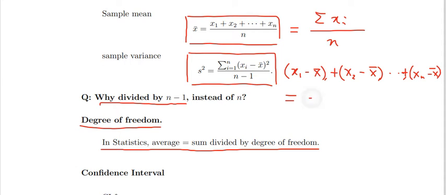That is x1 plus x2 plus up to xn, minus n x bar, so we know this equals 0.